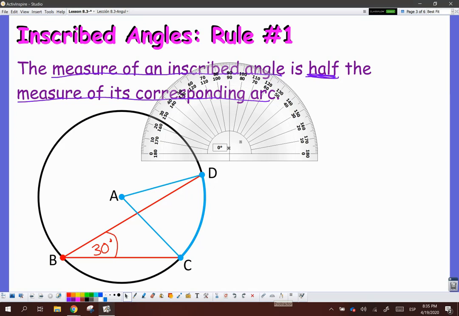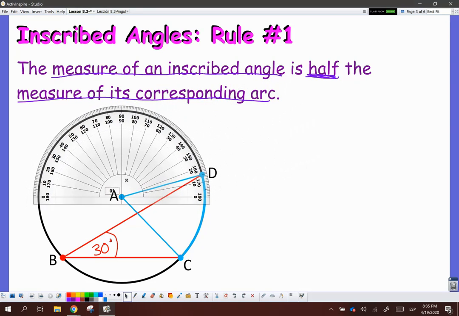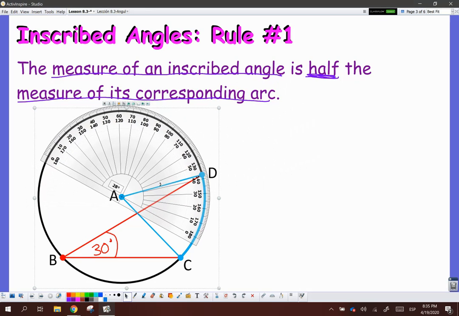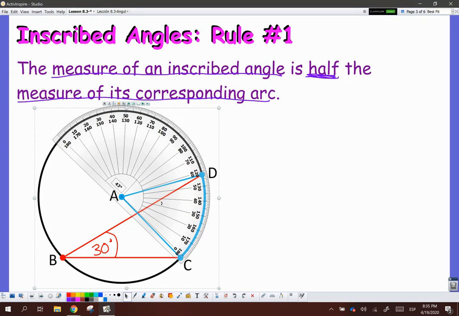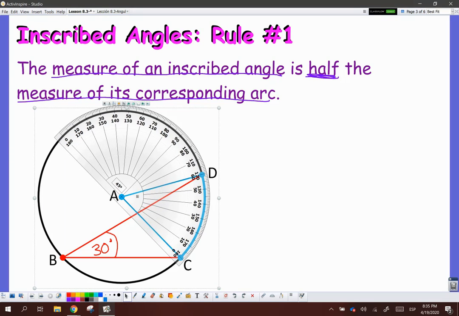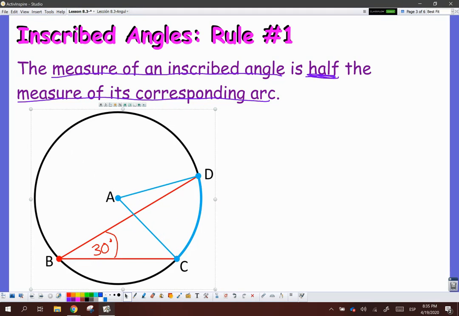So let's do that. I got my protractor back. I'm going to put my center over point A. I'm going to rotate that a little too far. Right there, perfect. And we see that that angle is 60 degrees. Let me get this out of the way. And I'm going to write 60 with my pen in blue.